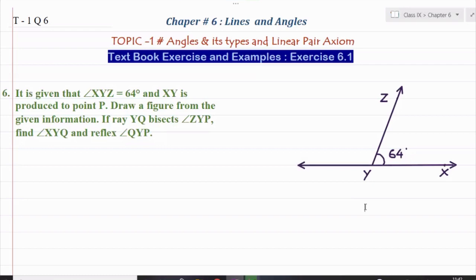If ray YQ bisects angle ZYP, we can mark the point P first over here, then it will be more clear. This point will be point P.